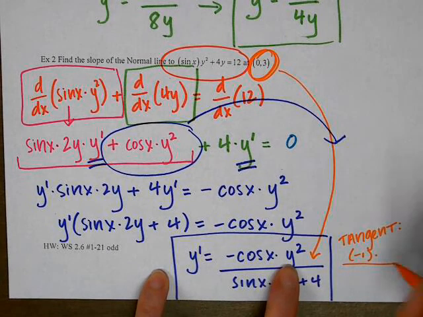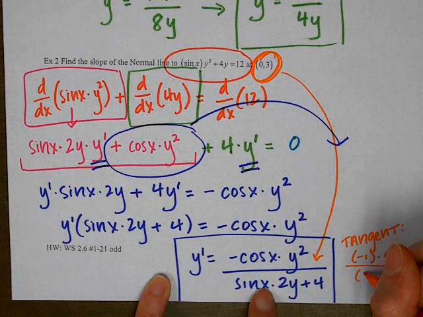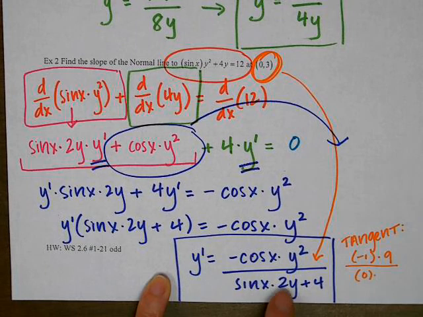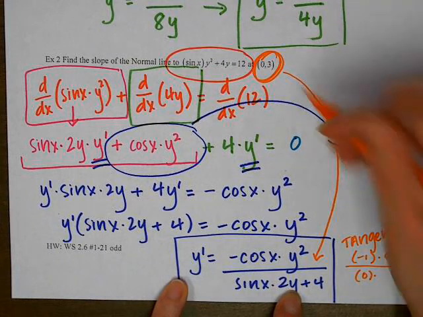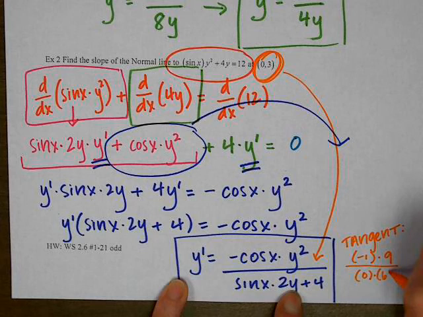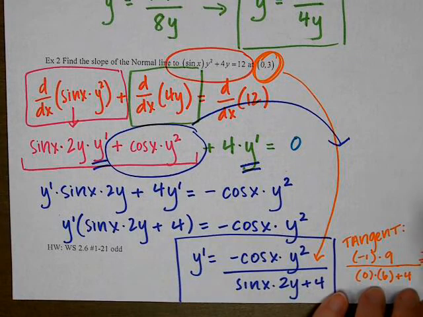Y is 3, so 3 squared is 9. Sine of 0 is 0 times 2 times y, and 2 times 3 is 6, and then we have plus 4. Okay, so if you guys work that out, that ends up being negative 9 over 4.